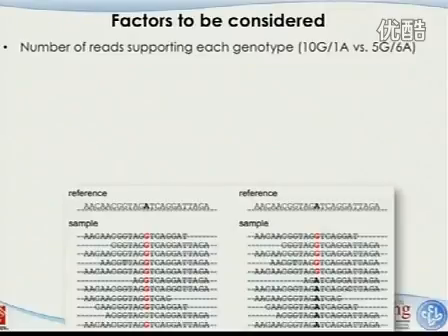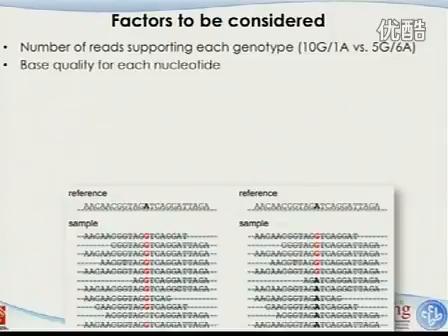So there are factors to be considered here. The first one is the number of reads supporting each genotype, and here it is 11 reads. Sometimes we want over 20 reads or even 40 reads. Some experiments have over 150 reads coverage. The base quality for each nucleotide is important and needs to be considered as well. If this is a C and the quality is really bad, I probably don't trust it.